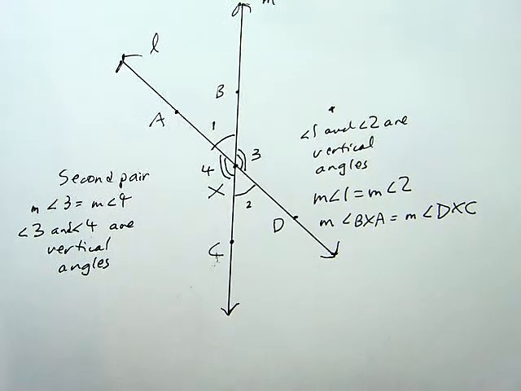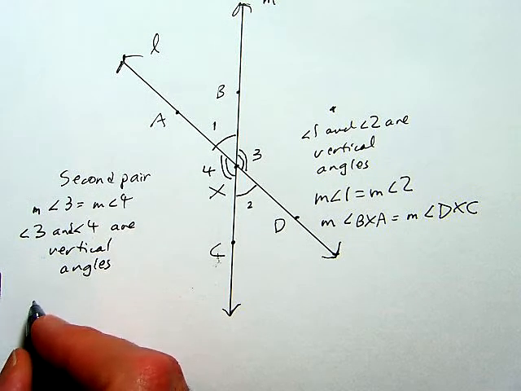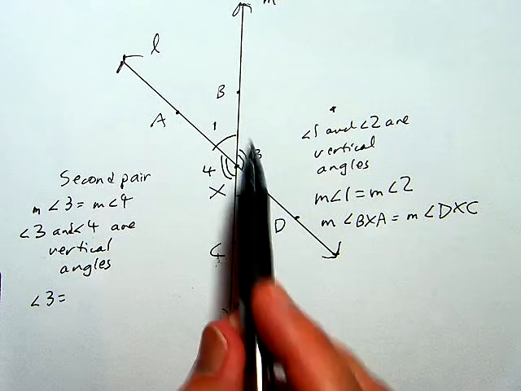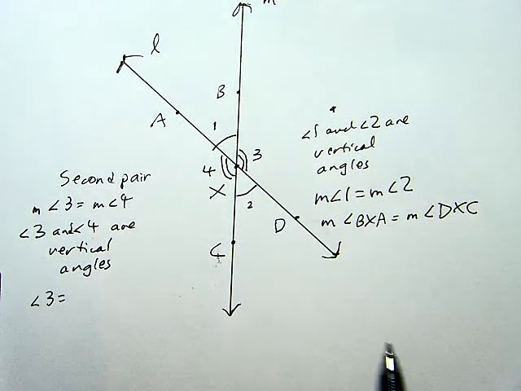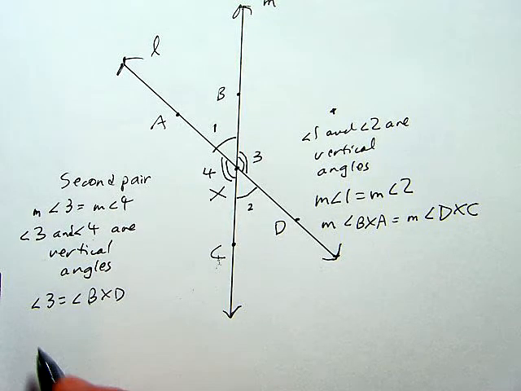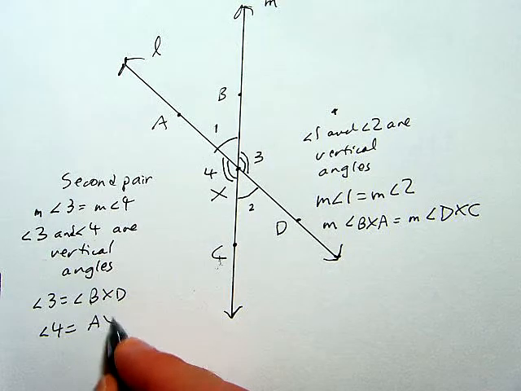Okay, and so it's really clear what we mean by angle 3 and angle 4. Angle 3 here is the same thing as BXD, and angle 4 is the same thing as AXC.